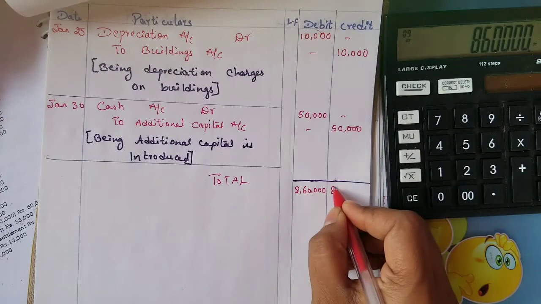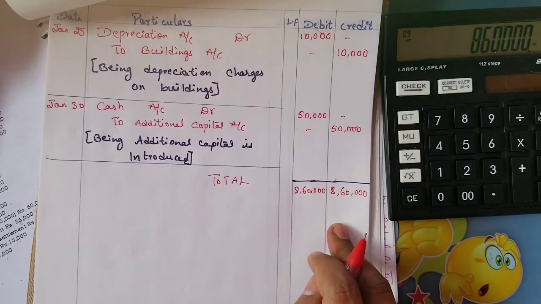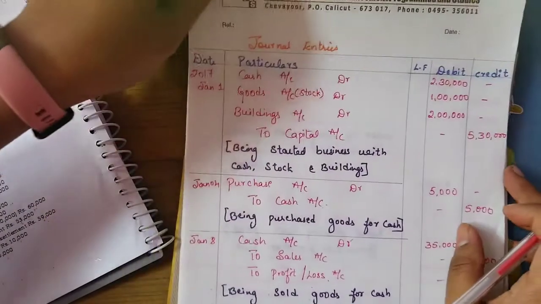So 8,60,000. Both sides I got the same total. Okay, this tallied. Debit column and the credit column both have tallied.